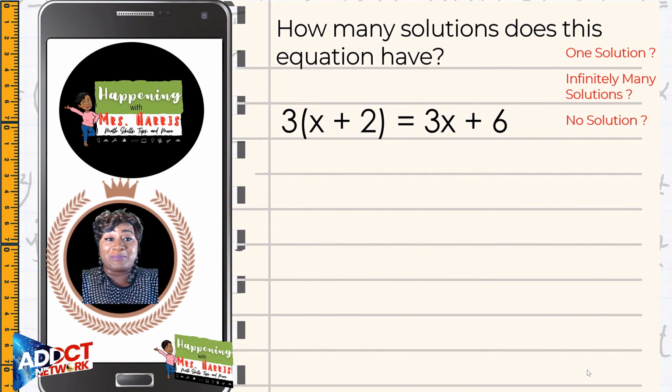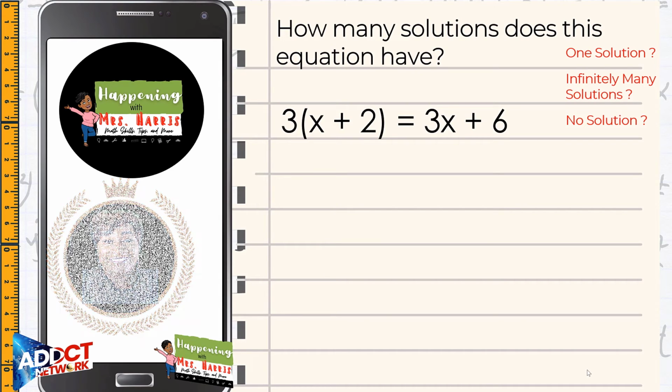Here's the next example. How many solutions does this equation have? There are your options. Here's the problem. Are you ready? Let's go.